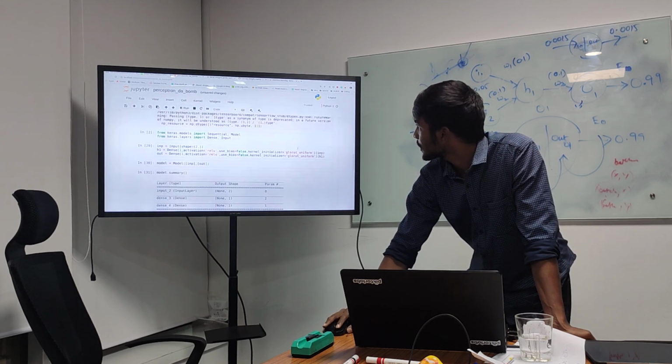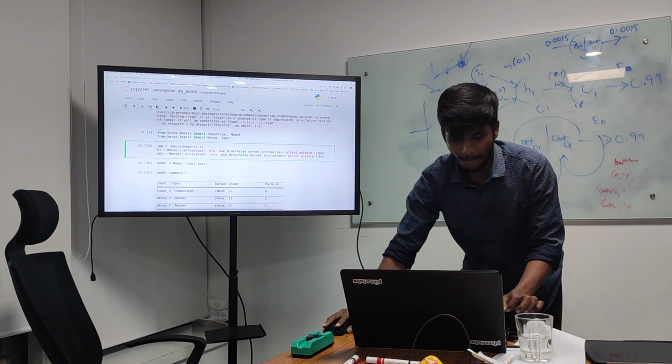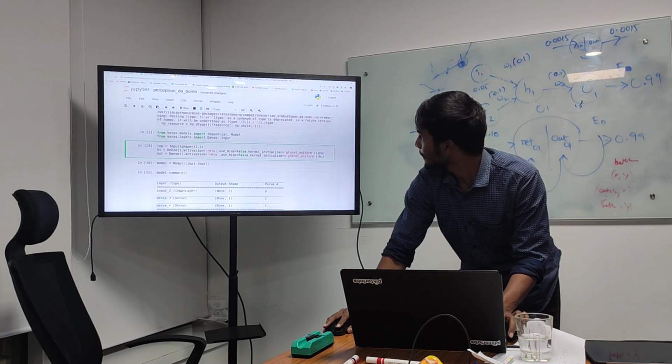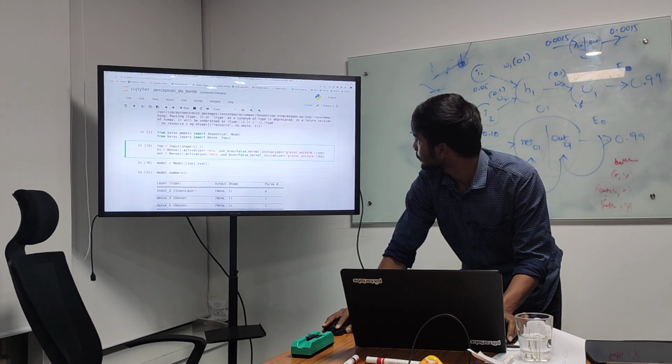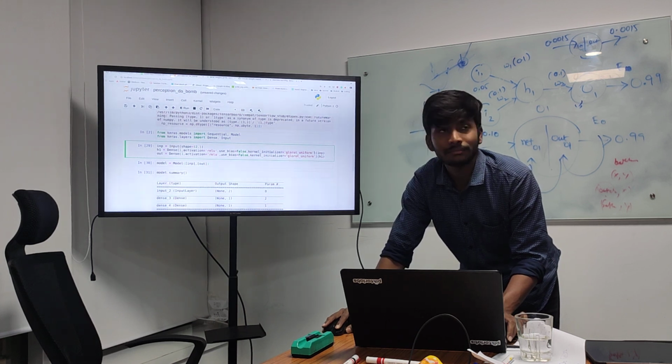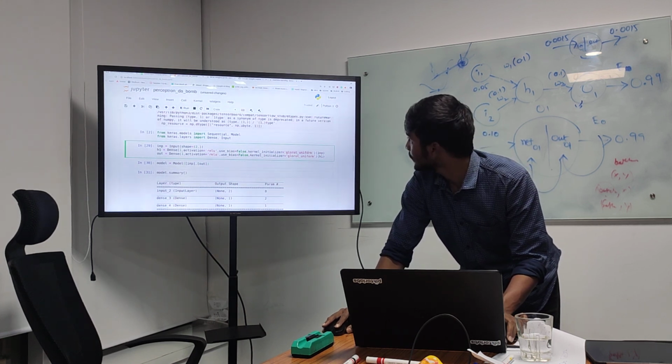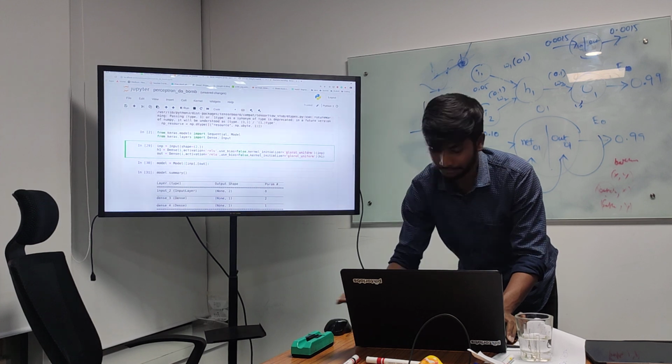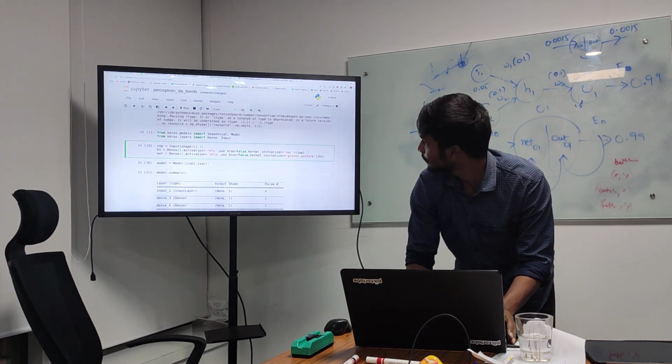Change the uniform. Try normal. And remove the kernel initializer. By default it is this. Yeah, right. You put normal.